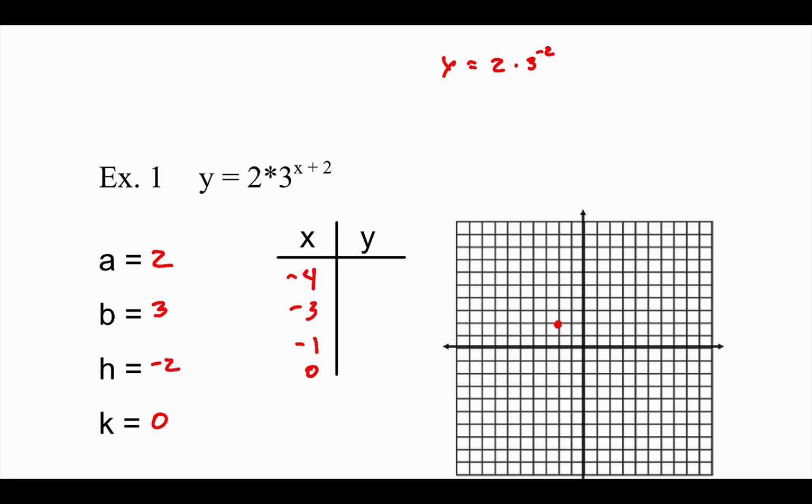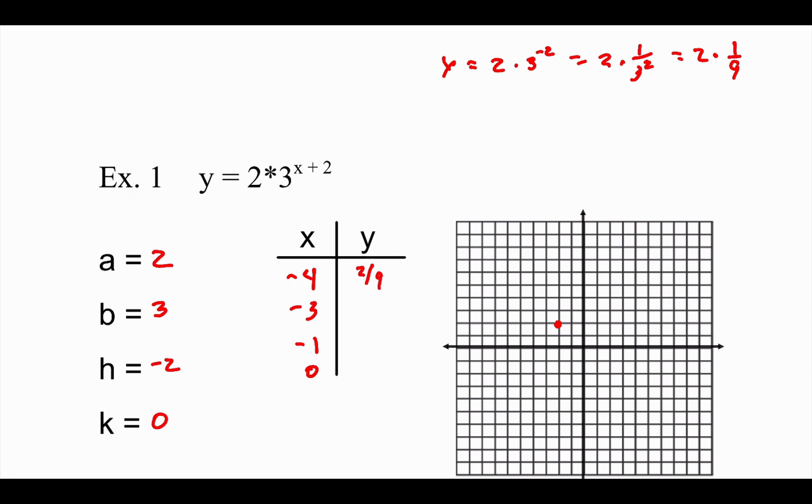So if we do this, we get 2 times, what's 3 to the negative 2nd power equal? 1 over, yep, you have the right idea. So 3 to the negative 2nd power is 1 over 3 to the positive 2nd power. Okay? So 1 over 3 squared, which is, yep, so you end up with 2 times 1/9, which is 2/9.